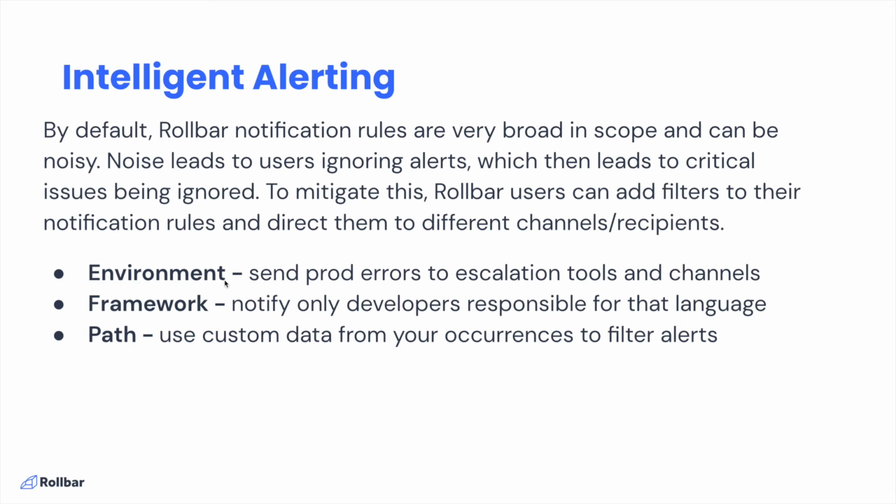The environment filter. So of course for production, we would probably want to ensure that all of our notifications have a prod filter and direct only those to the high priority channels. Something like the framework filter can help you send those alerts to only the developers that are responsible for that code. There's no point in notifying everyone if it's just one group's responsibility.